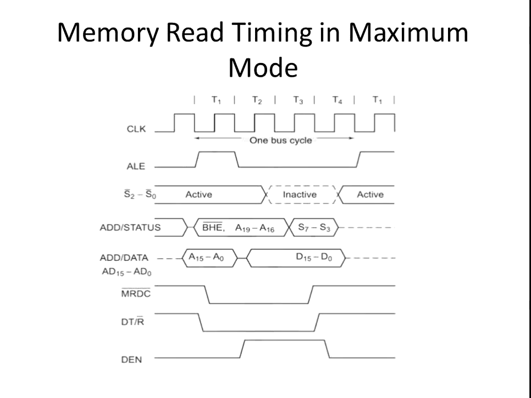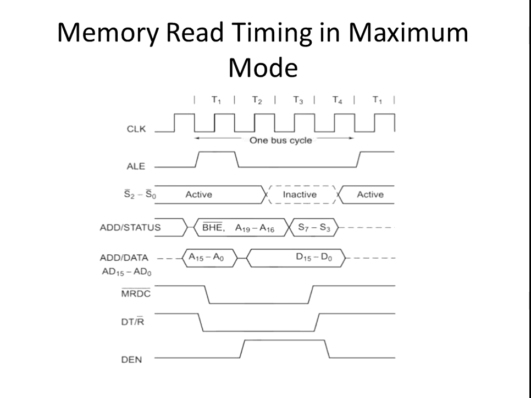So now we can see the read timing diagram for maximum mode. Here we can see that during T1, ALE is asserted in T1 just like minimum mode. The only difference lies in the status signals used and the available control and advanced command signals.